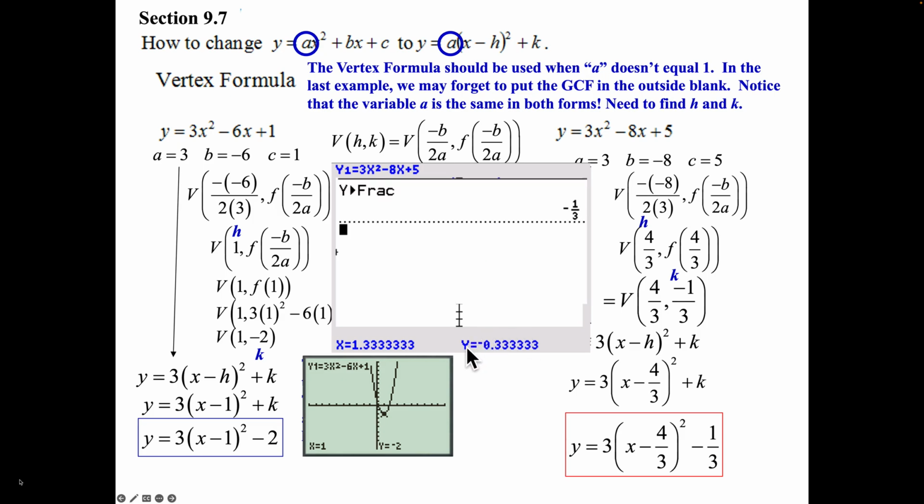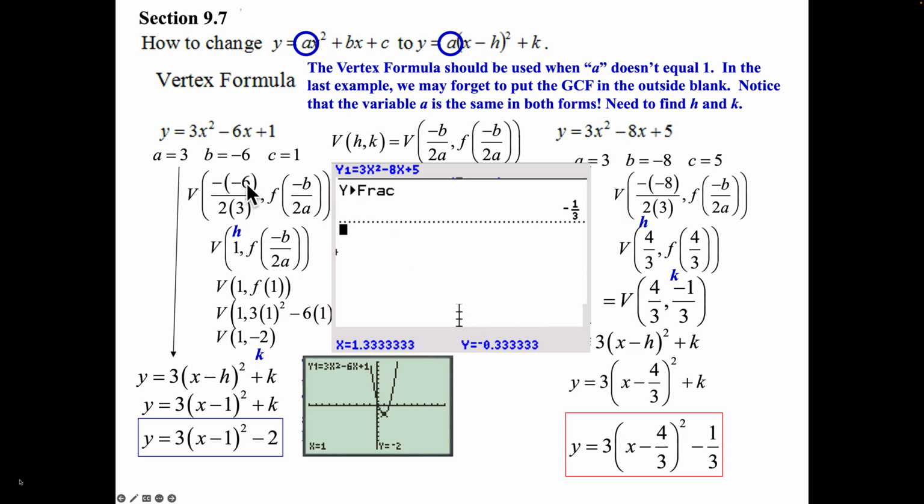So now y has this value stored into it. So if you go back to your home screen, second mode, and type in alpha y, then the math button, choice number 1 to return your answer as a fraction, it'll give you negative 1/3, and then you can put it into your equation. So that's one way to avoid fraction work.